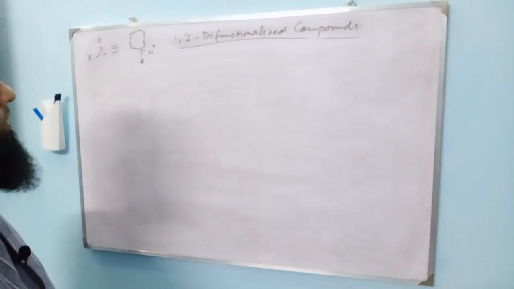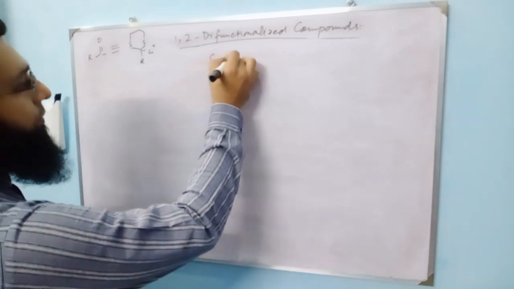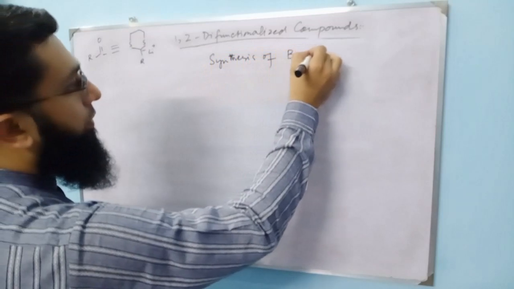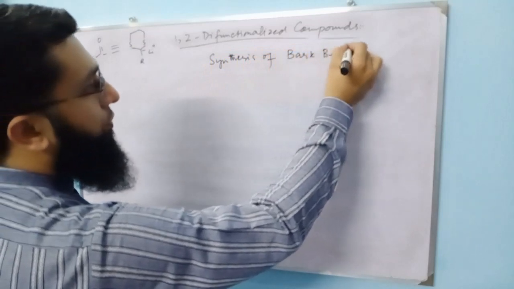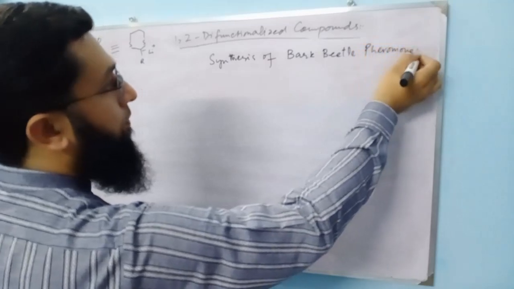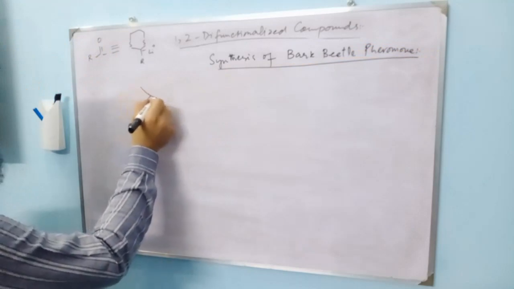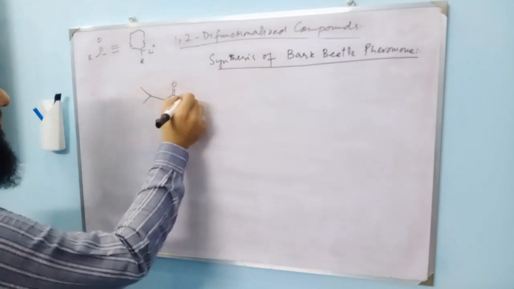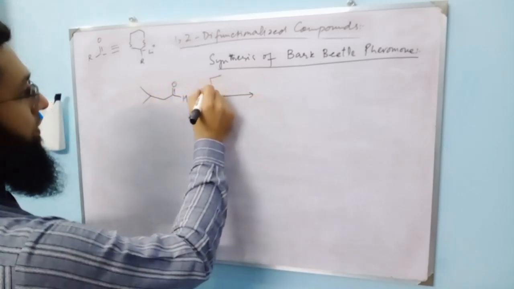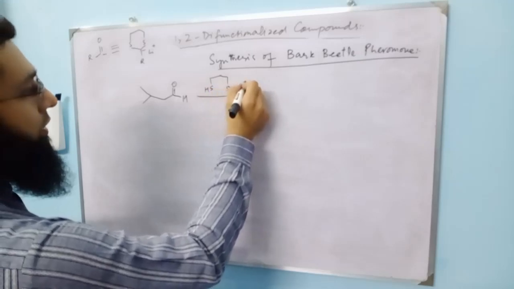Now we see the application of 1,3-dithiane towards the synthesis of bark beetle pheromone. And this has been done using this aldehyde and using 1,3-propane dithiol under acidic conditions.